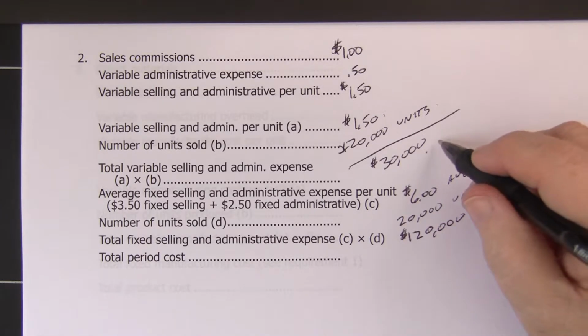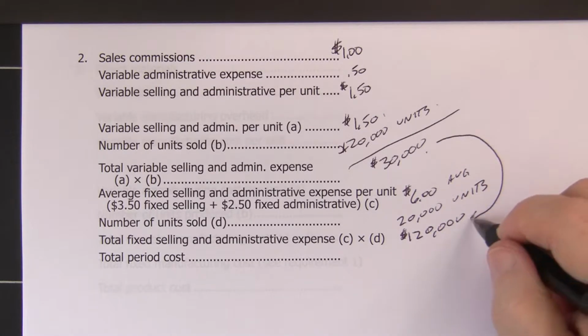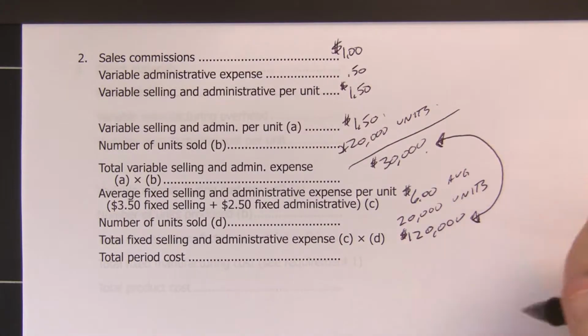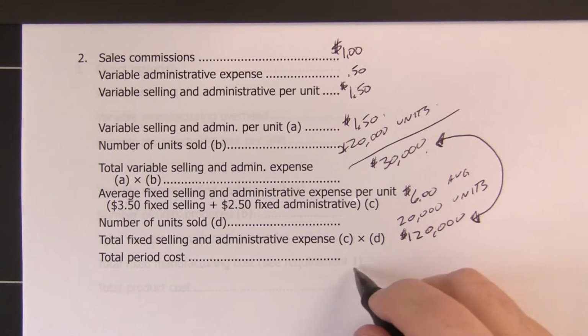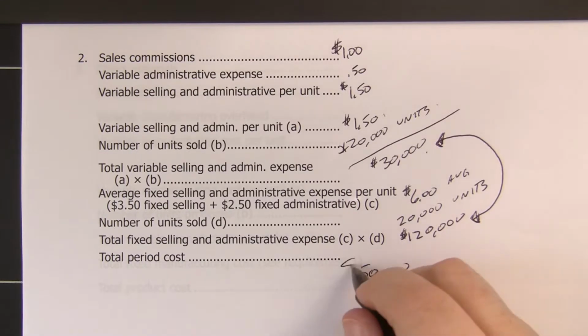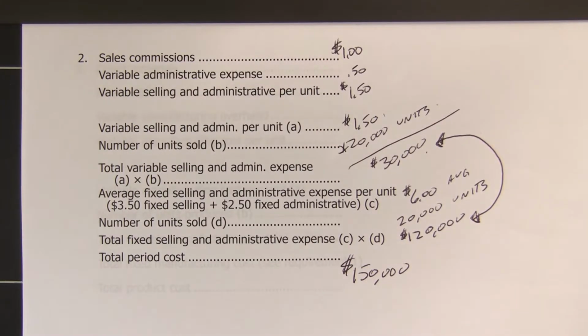Plus our variable, because remember total cost is fixed and variable, so we've got to put those together. So our total period cost is $150,000, and that will go to the income statement. That's a period cost.